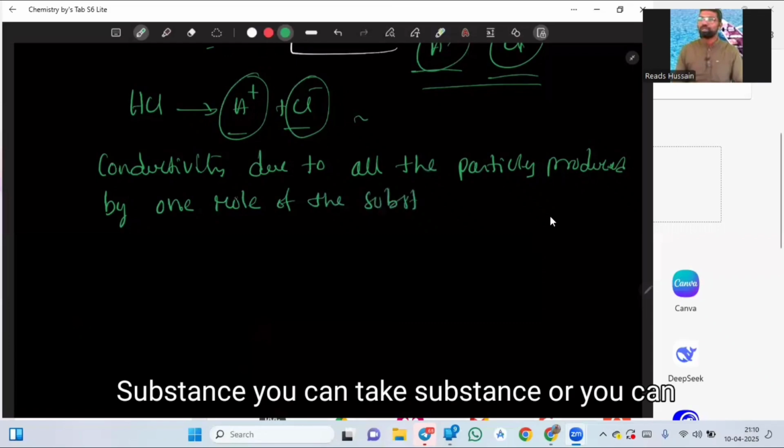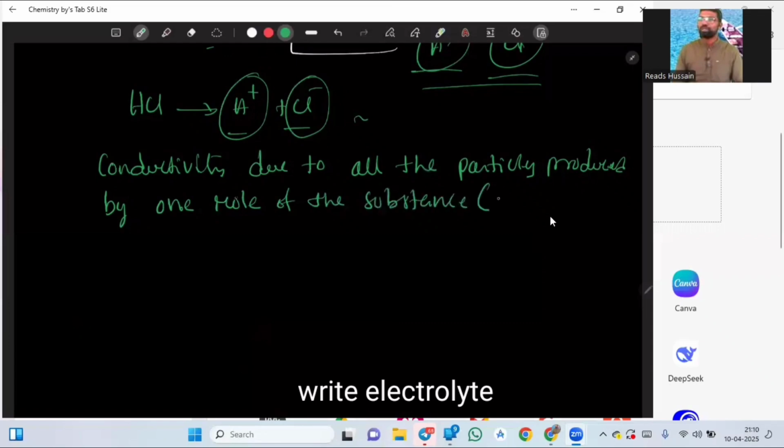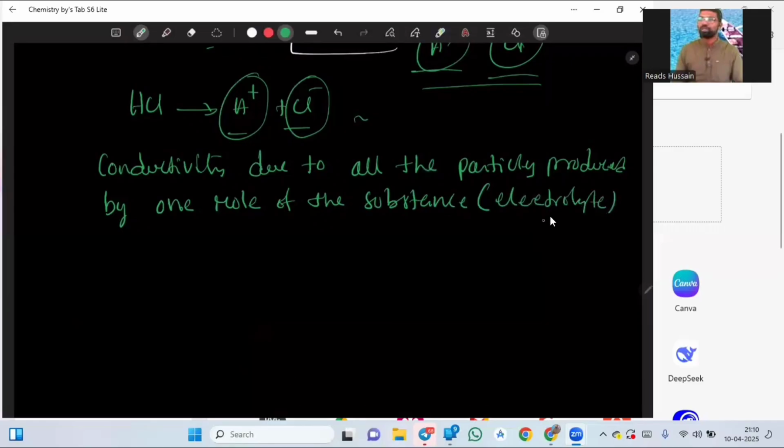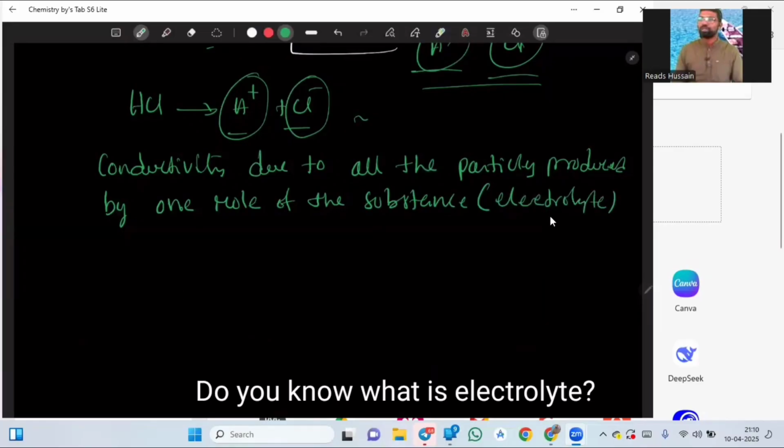You can take substance or you can write electrolyte. Electrolyte is better.